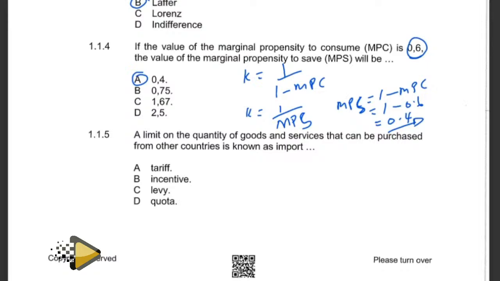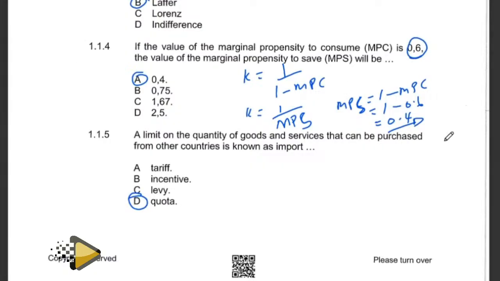Then we talk of a levy. Levy in this regard refers to a charge. So now we have a quota. A quota refers to a limit of quantity, or a certain quantity that is allowed to be imported in a certain country. So it means in this regard, our appropriate answer is going to be D.